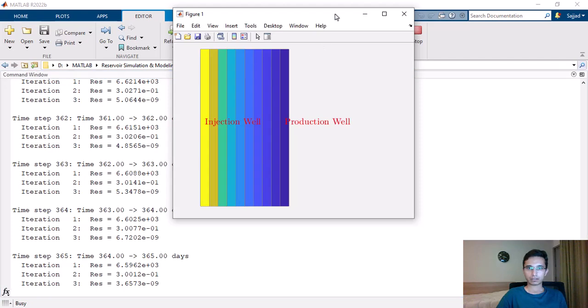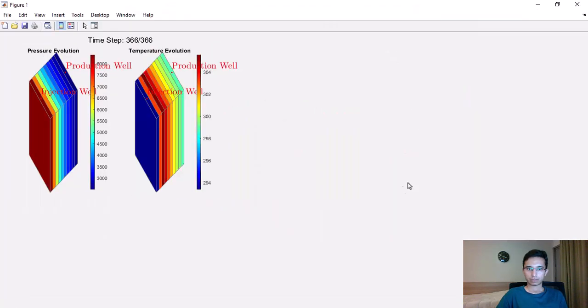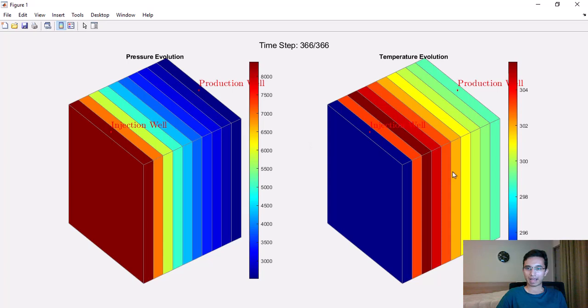what they look like. All right, so these are actually the final solution of the problem. As you see, this is the injection well, production well. The pressure has increased on this side of the porous medium, and as the pressure increases, the enthalpy increases, and that enthalpy increase results in a temperature increase.